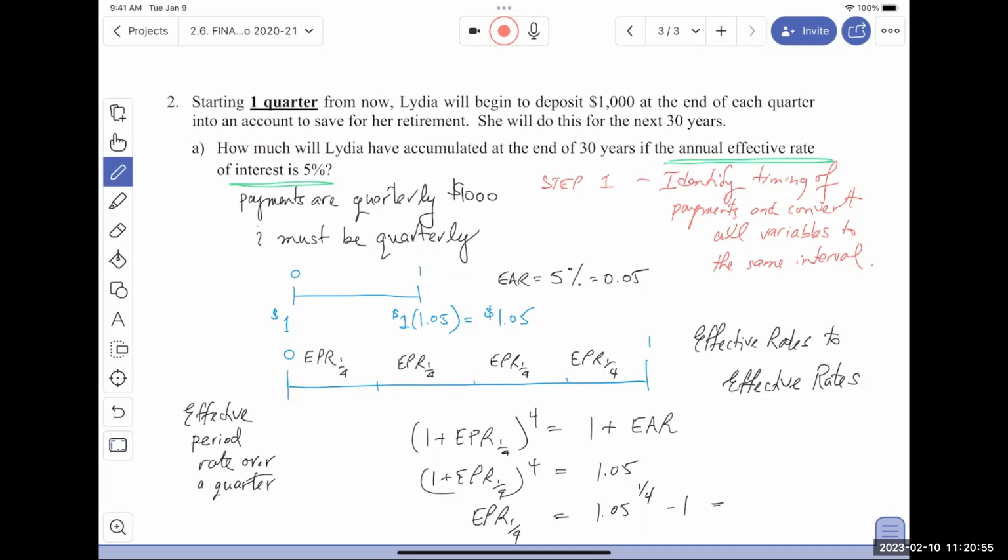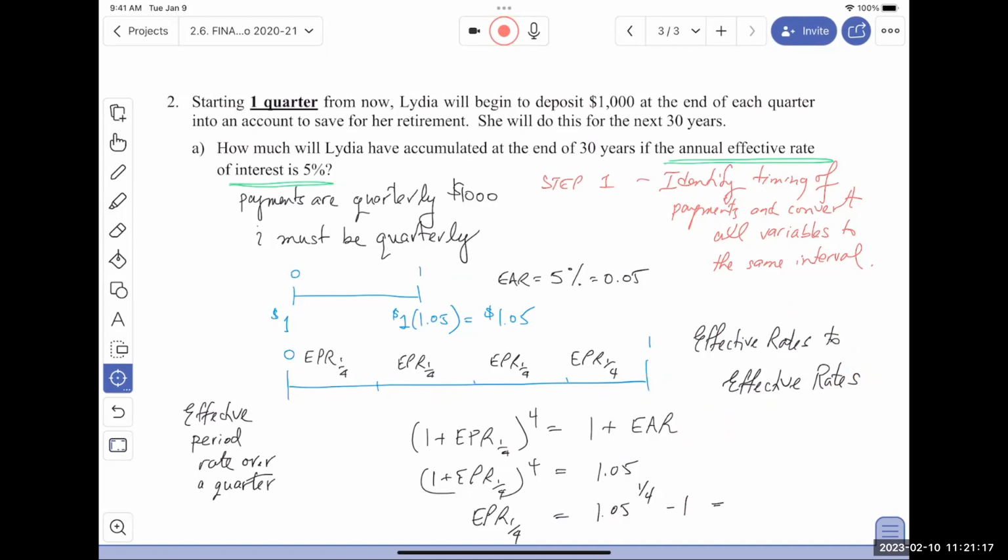So how do I put this in my calculator? Let me show you. All right, so I'm going to show you how to convert in the calculator. We're doing effective rates converting to effective rates with this formula here, derived from this concept.